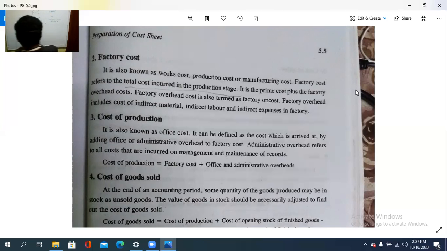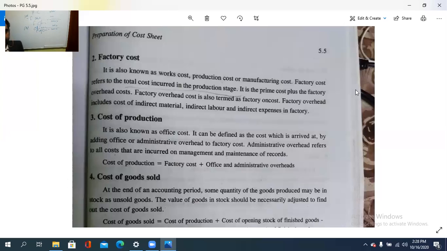So, office overhead is added to the factory cost or work cost, and we get the cost of production, COP, or office cost.